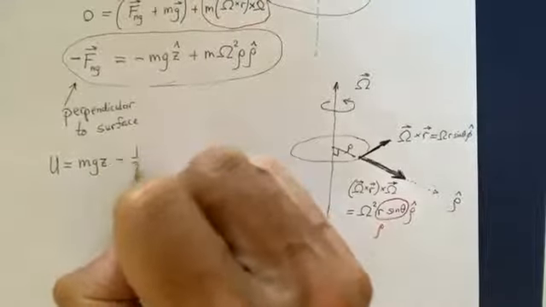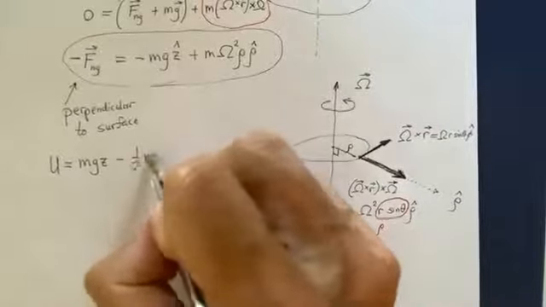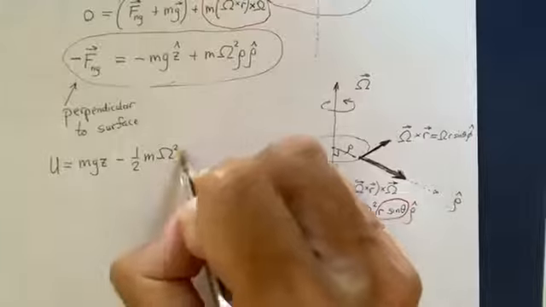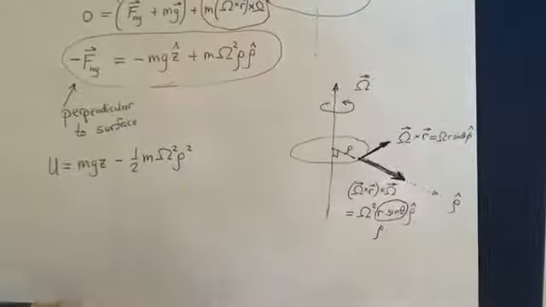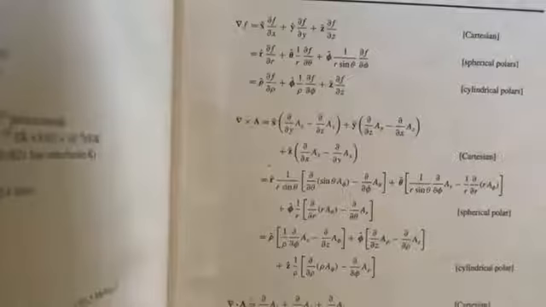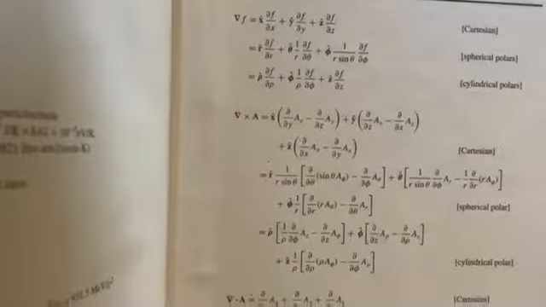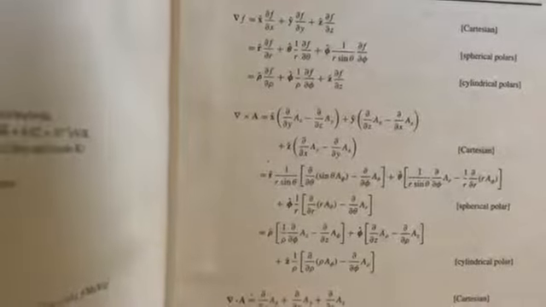minus a one half m omega squared rho squared. And here I go again with this textbook. I just think this is the greatest thing ever. This is the inside back cover, right? We've got the gradient.